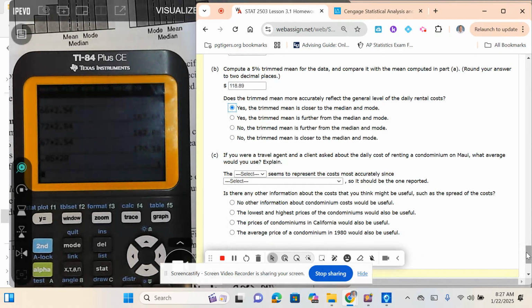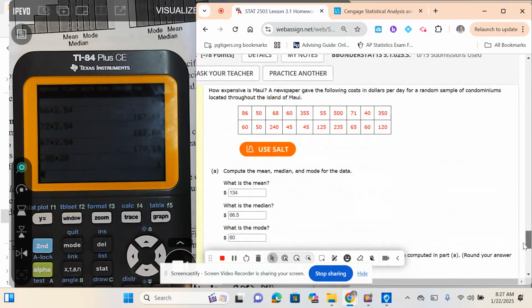The reason why we talk about this is there's a big high outlier, or it appears like an outlier, on there. So we have an outlier making the mean go higher than it should. If you're a travel agent and you're trying to sell condominiums, you're trying to basically say, hey, what do you expect to pay?